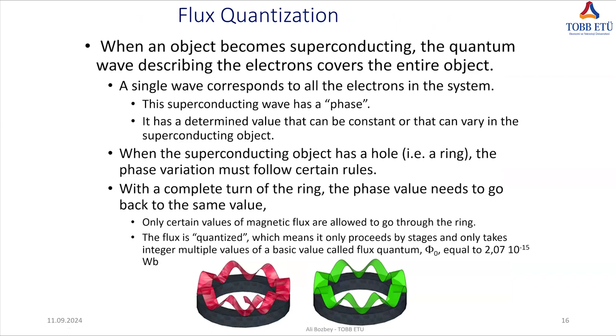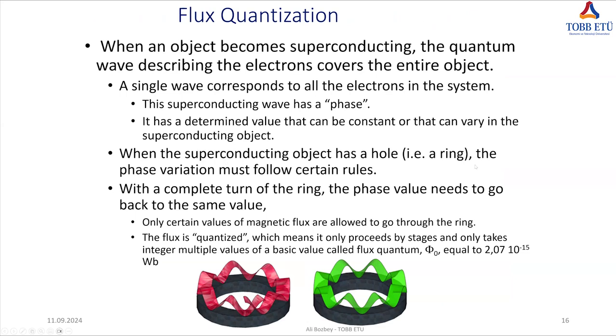Another property of a superconducting material is that there is a quantum wave described for the electrons, as I explained, and this single wave corresponds to all the electrons, and that wave has a phase. So the phase has to be continuous.